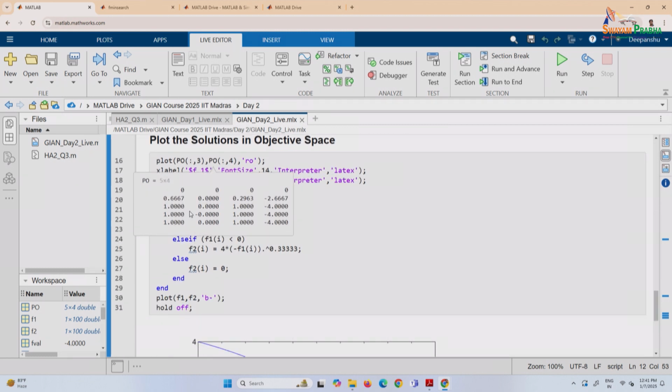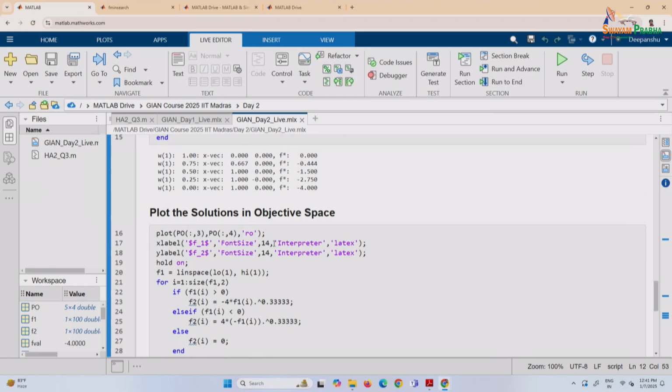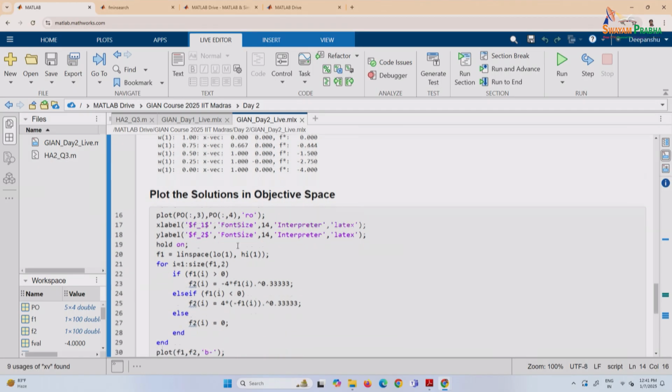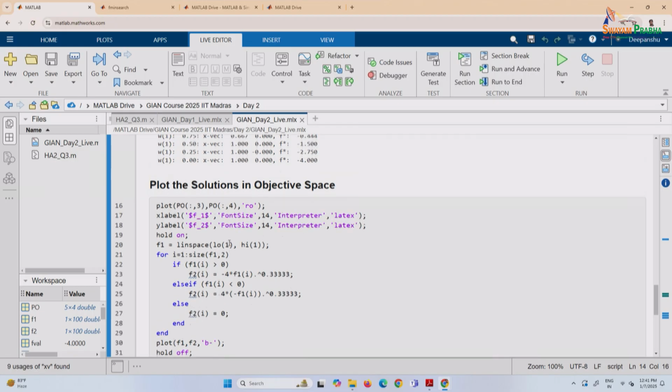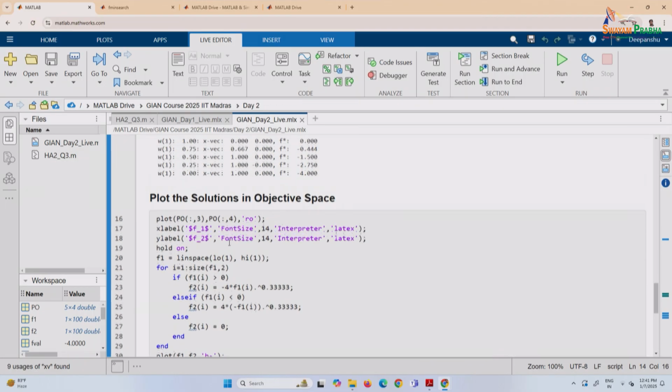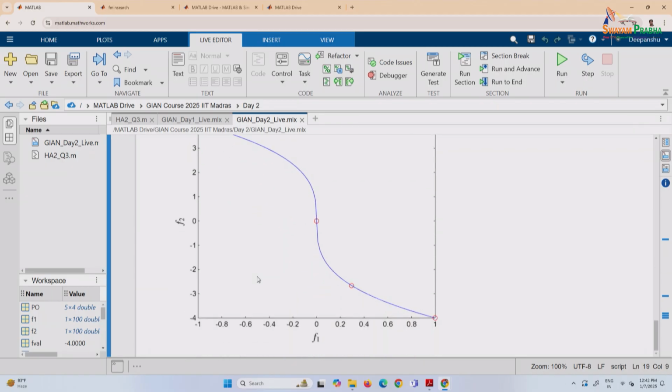Here the PO. How do I set the PO set? It's x1 star, x2 star, and f1 star and f2 star. So there are 4 columns. And here is the PO set. Where is it? Did I just see it? No, where did it go?